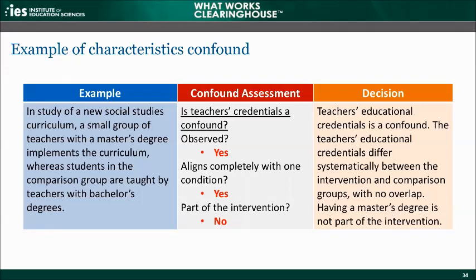In our hypothetical example, had teachers' education been a component of the intervention, for example, the intervention specified that only master's level teachers could lead the intervention, then teachers' master's degrees would not have been a confounding factor. Let's go on to our next example.